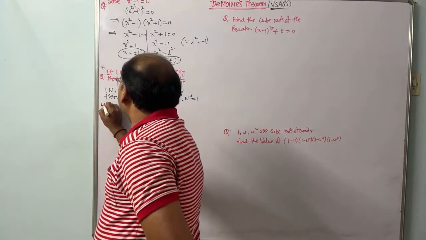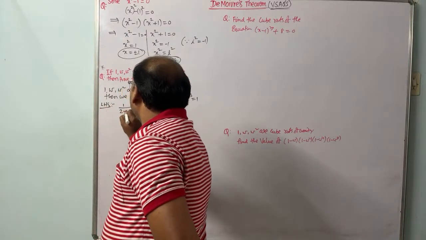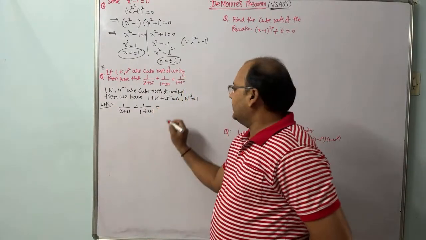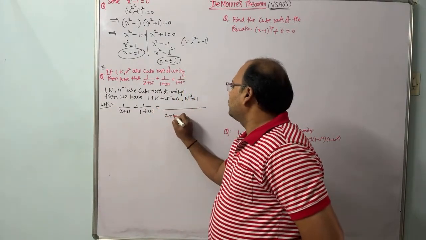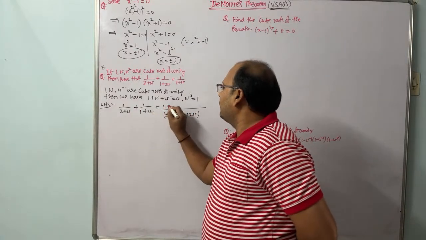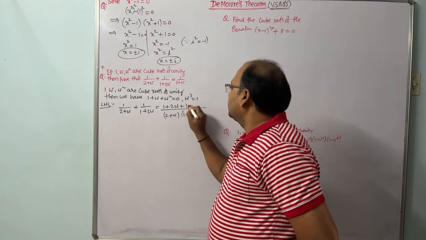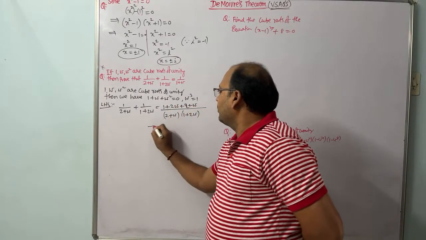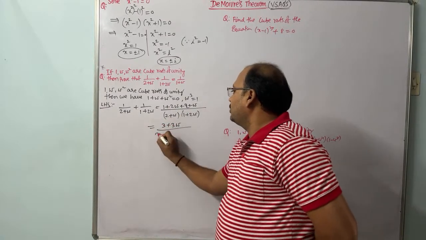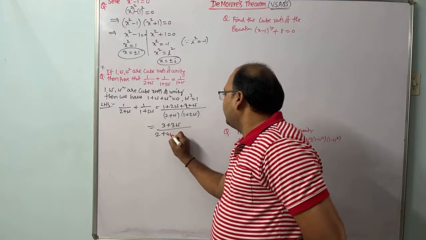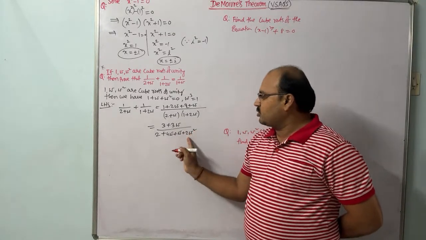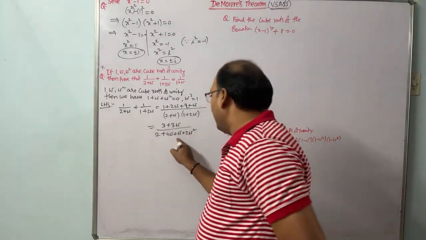Now consider LHS: 1 by (2 plus omega) plus 1 by (1 plus 2 omega). Take LCM: (2 plus omega)(1 plus 2 omega). Cross multiplication: (1 plus 2 omega) plus (2 plus omega), which equals 3 plus 3 omega in the numerator. Denominator: 2 plus 4 omega plus 2 omega square plus omega, so 4 omega and omega make a total of 5 omega.